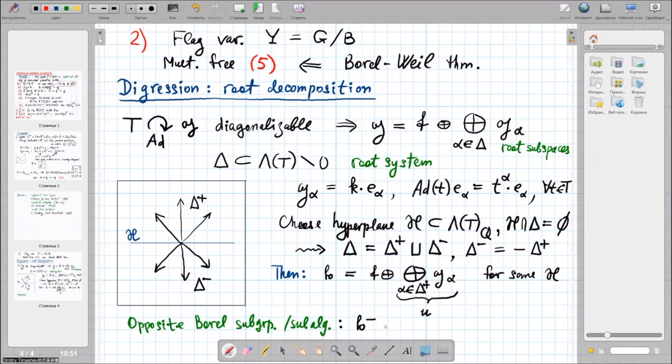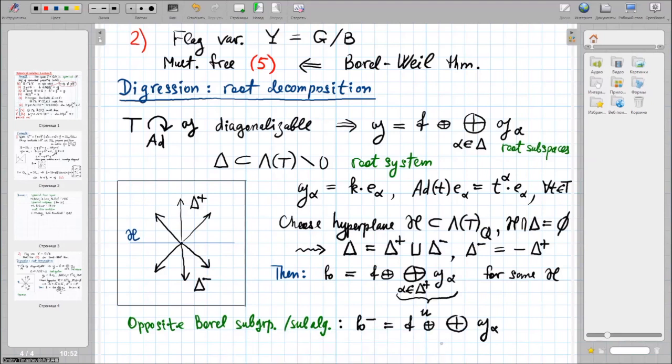So B minus is the sum of the Cartan subalgebra and those root subspaces which belong to the other half of the root system, corresponding to negative roots, to roots in delta minus.